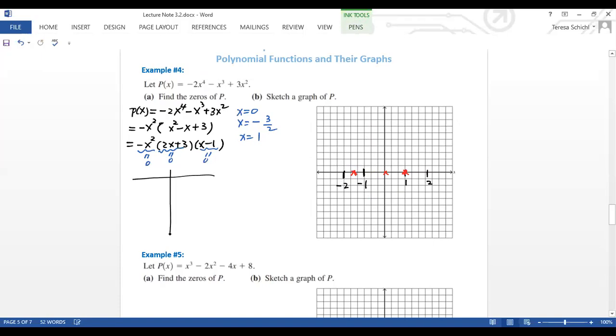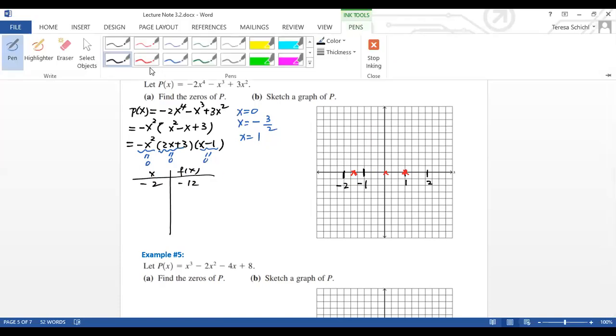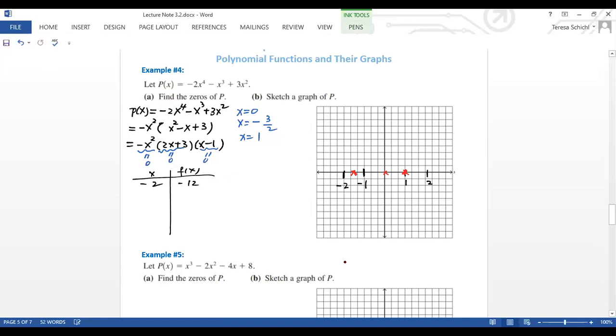Okay, so now let's try to choose the test point. Remember, at each interval, you need to choose one. All right, so now this is negative 1.5, right? So the first point I'm choosing is negative 2. So for negative 2, you will get negative 12. So here, this is negative 2, I get negative 12, it's down here.